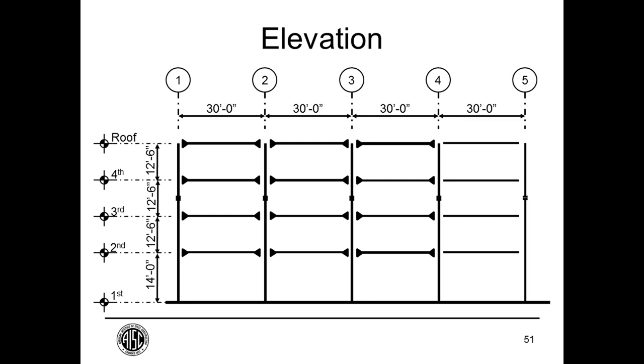But if you want to evaluate the beam to column gravity connection for moments and rotations that are imposed, I think the work of the designer gets a lot more involved. So typically the beam to column gravity connections are modeled as pinned.